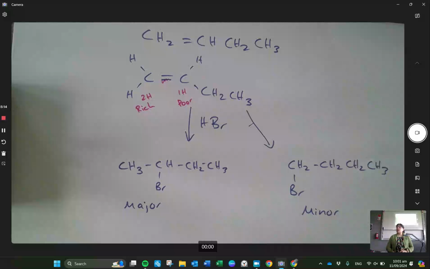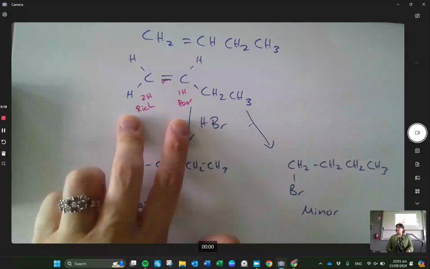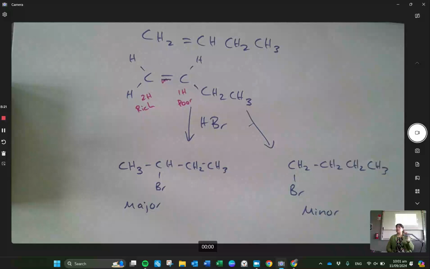Now, something to note that I don't know if I noted with Zaytsev's rule, if both of my carbons have the same number of hydrogens, I still have two products. It's just in a 50-50 ratio. You want me to write that down? Okay.